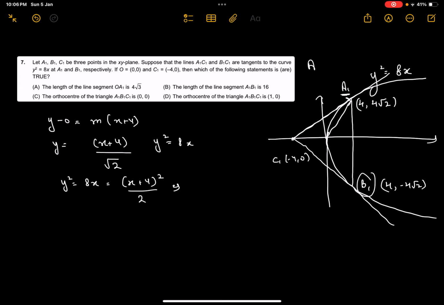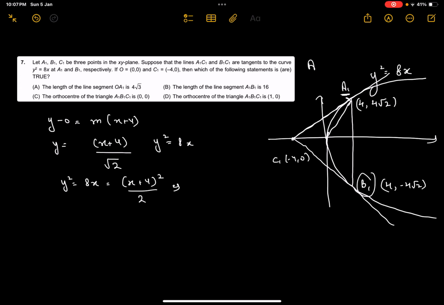So the x-axis is the perpendicular from C1 to A1 B1, so the orthocenter must lie on this line. What we'll do is we'll simply solve one of the perpendiculars, say the perpendicular from A1 to B1 C1 with the x-axis.